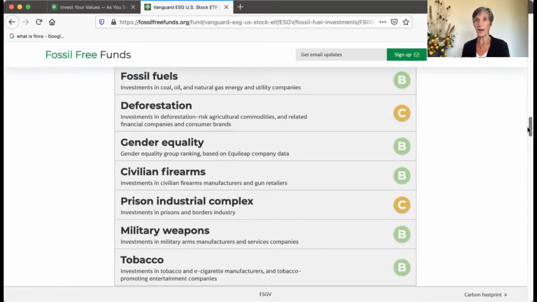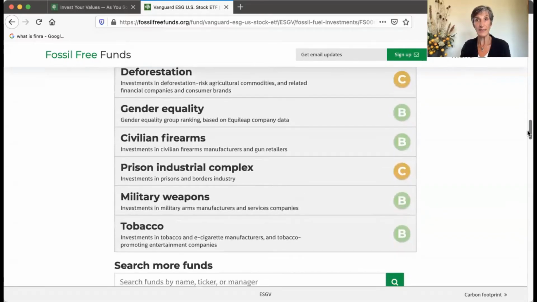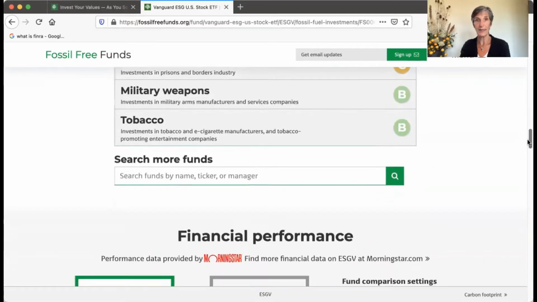Not perfect, right? But I think that this is where things are really important to recognize that we're not yet in a world of perfection. And sometimes perfection can be the enemy of the good. So this is obviously a fund that is much better than what we saw with VTSAX in terms of these different value lenses, but not perfect. Does not mean that you shouldn't invest in this fund or a fund like it, right?